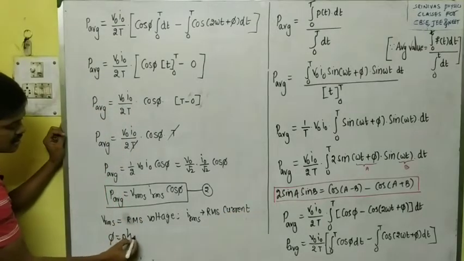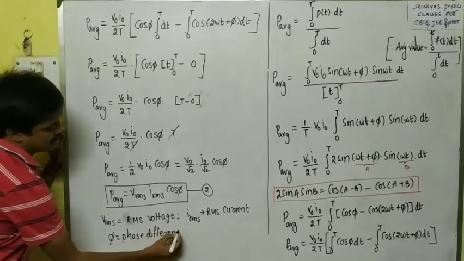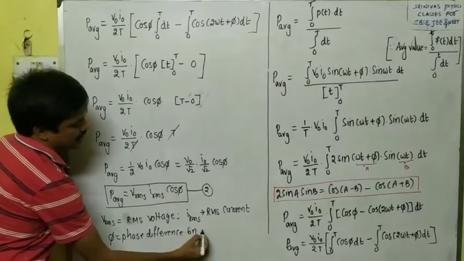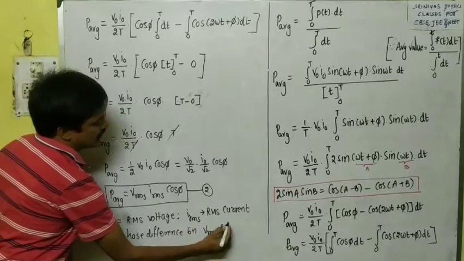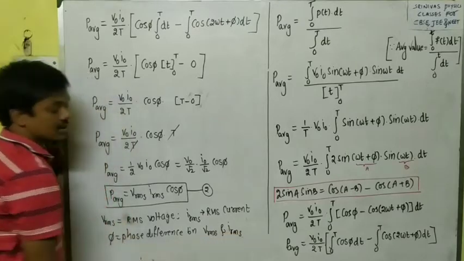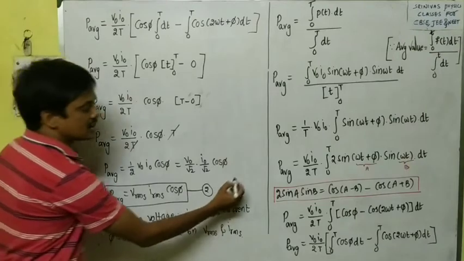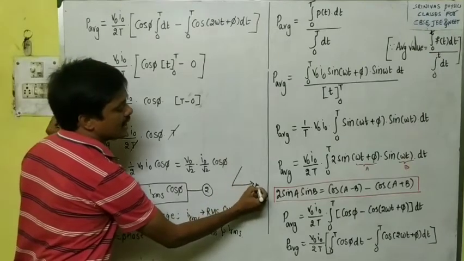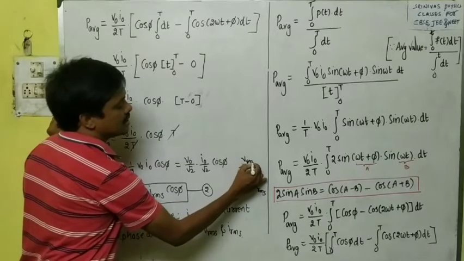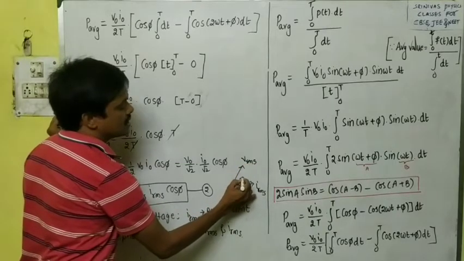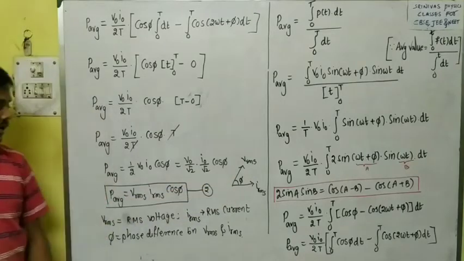Phi is the phase difference between VRMS and IRMS, which means the angle between IRMS and VRMS. Phase difference is nothing but the angle between them, that is phi. Okay, phase difference between the voltage and current.